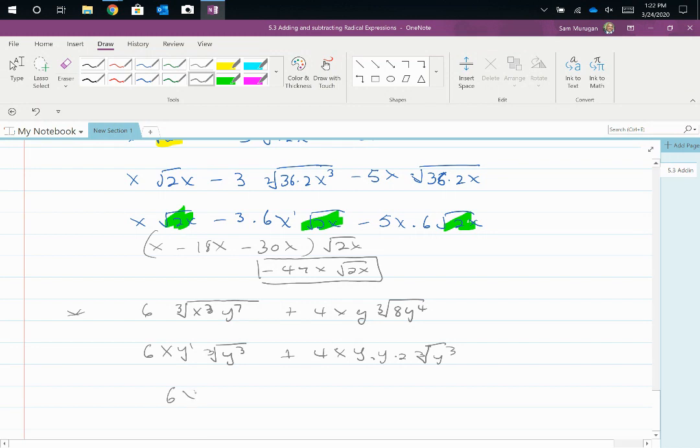So this is 6xy, the third root of y cubed, plus 4x, and we've got y times y is y squared. That's 4 twos are 8. Cube root y cubed.